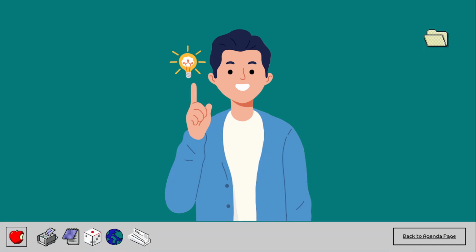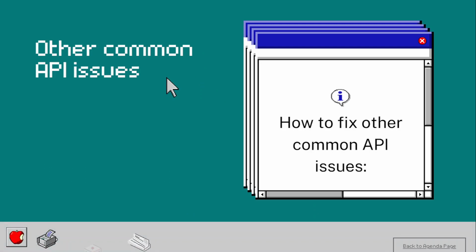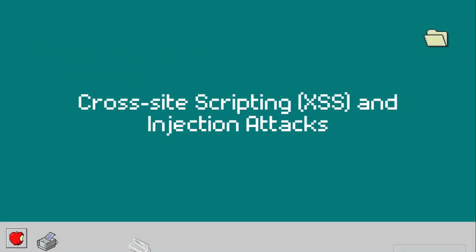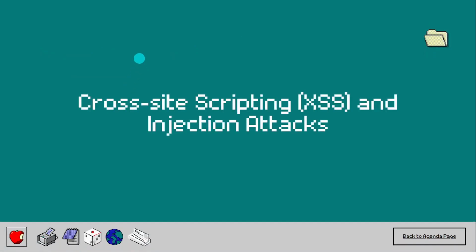So there are also other common API issues. Those were the main ones, but there are also other common API issues. I've already mentioned cross-site scripting or XSS earlier, but I will give more insight about this.